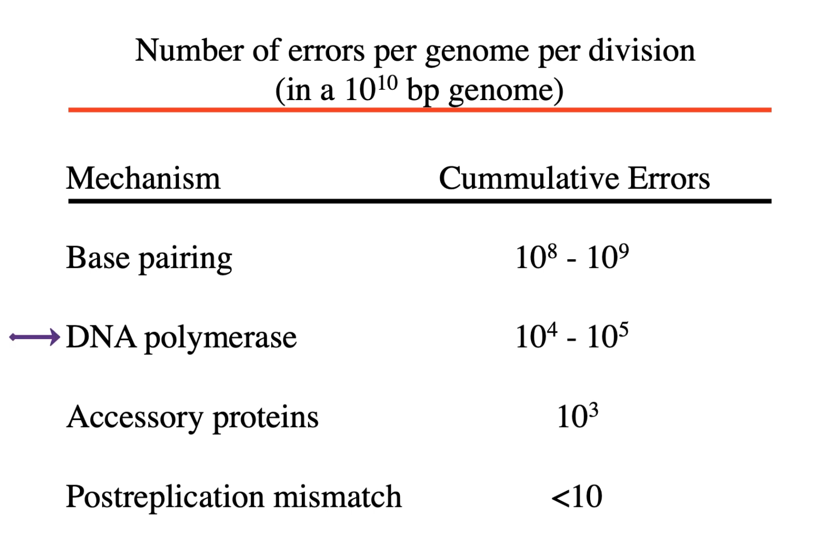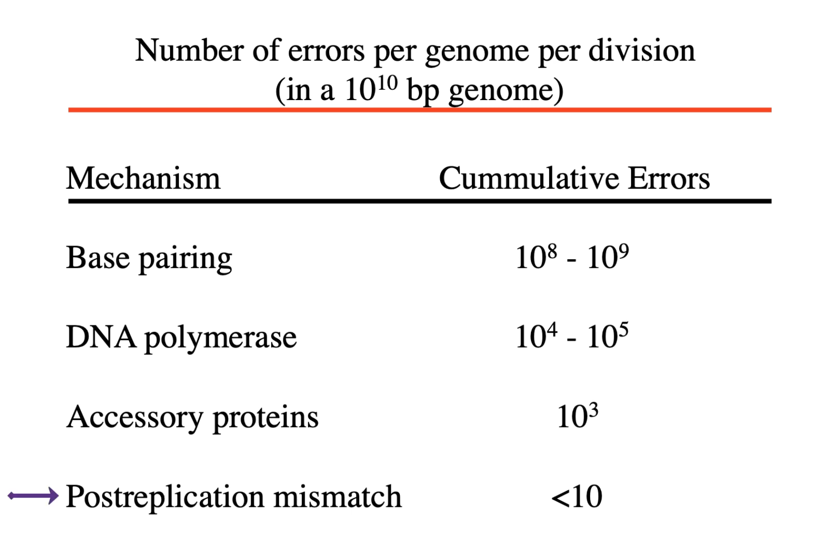For DNA polymerase, which has higher fidelity, you would still have from 10,000 to 100,000 mutations per cell division. And then accessory proteins would bring that down to about 1,000 mutations per replication cycle and division.